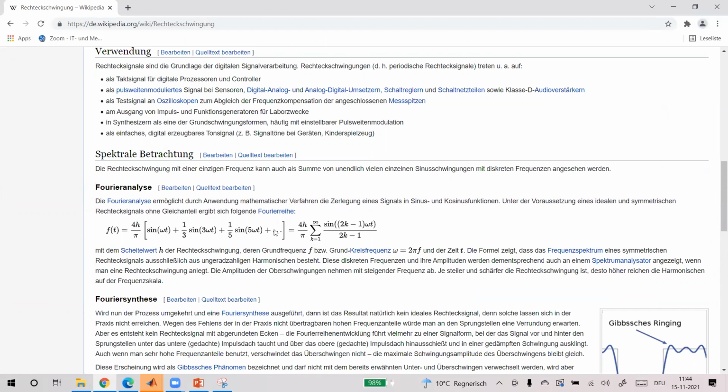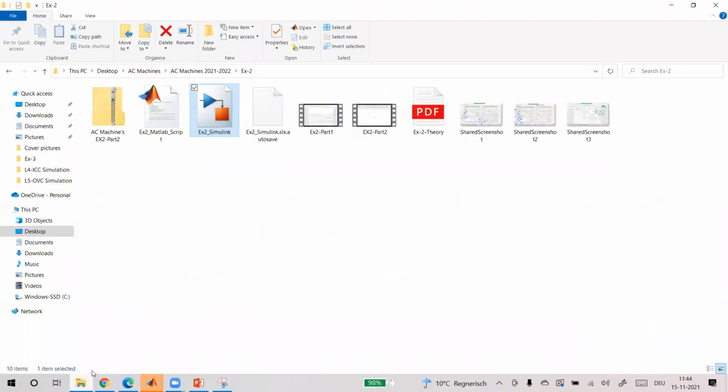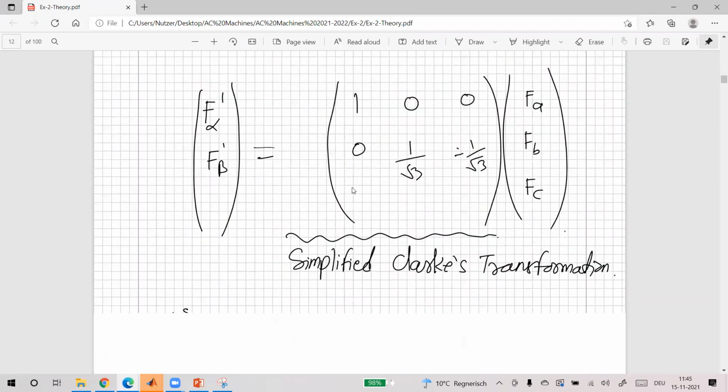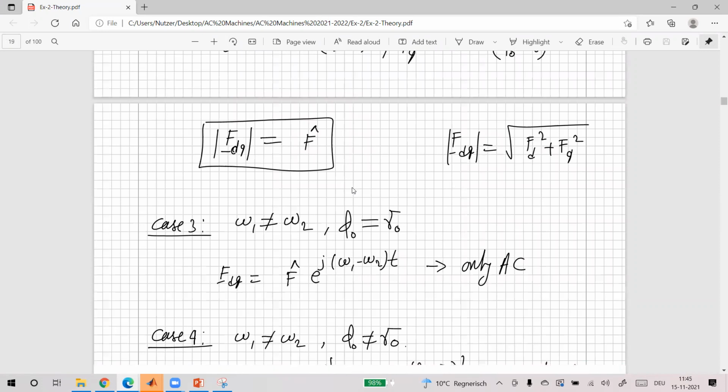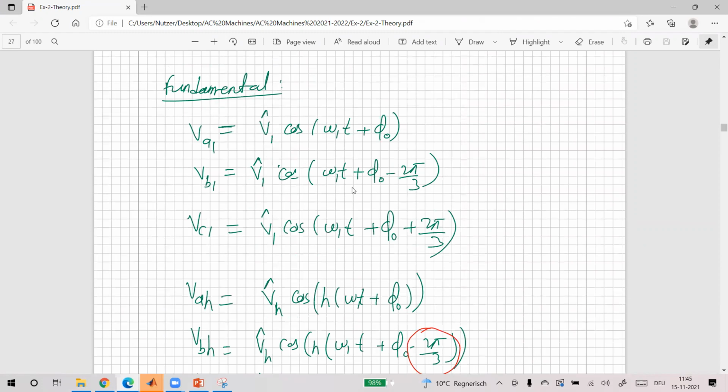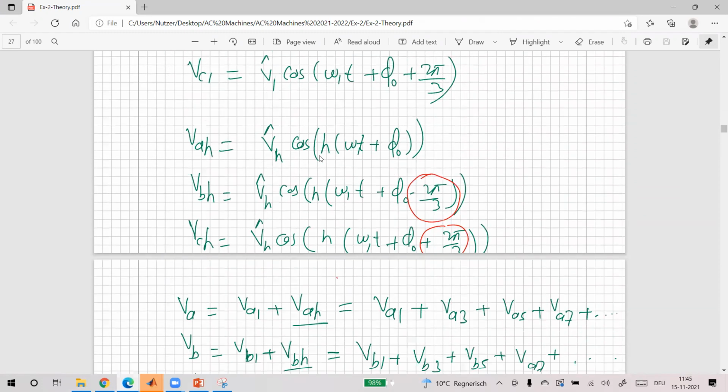It multiplies with the whole angle, the 5 times the whole angle, and that makes it negative sequence. So we tried to show you this h factor multiplied with the whole angle, and that is how it makes negative sequence.